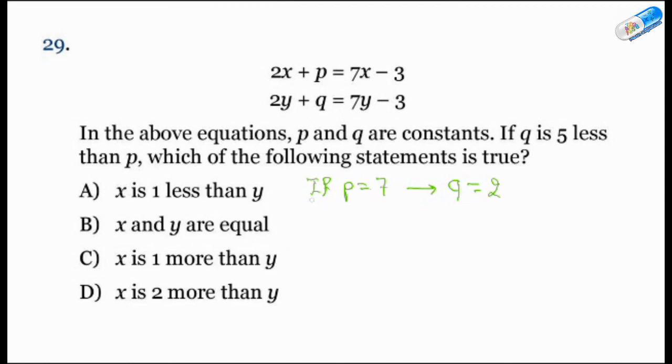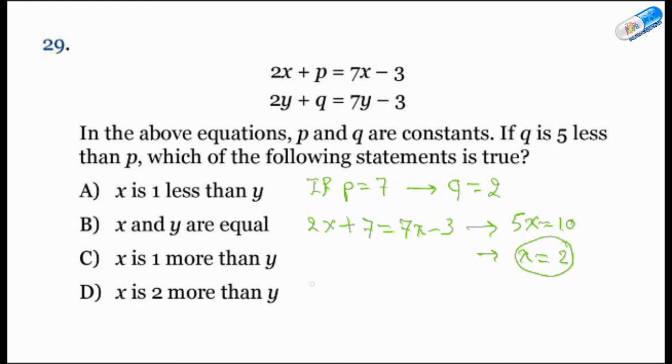So I will solve the first equation. 2x plus p, which is 7, equals 7x minus 3. This means that if we get all x's on one side, 5x equals 10, and this means that x equals 2. Okay, circle this one.